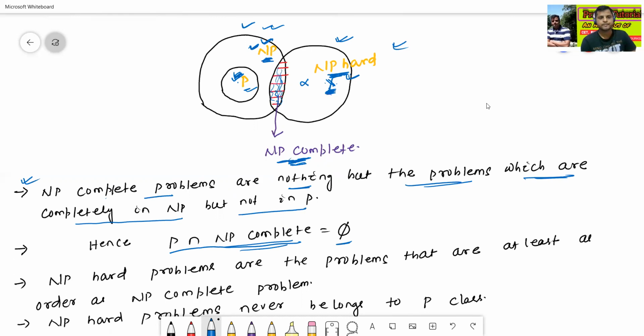Next point, NP hard problems. NP hard problems are the problems that are at least as hard as NP complete problems.